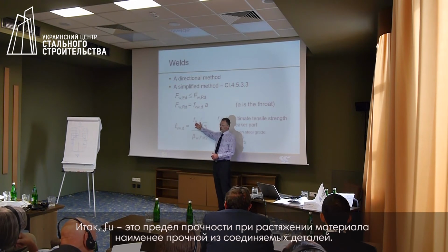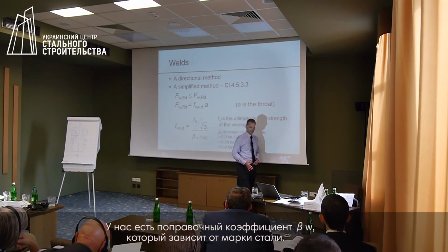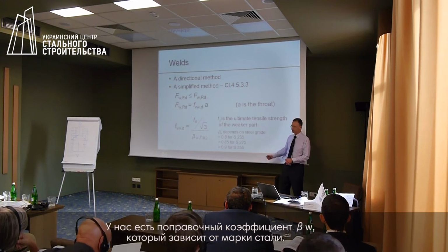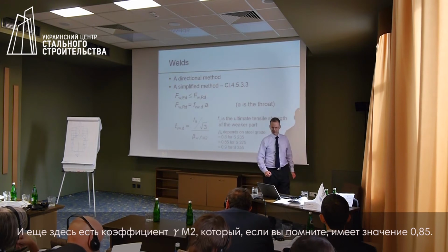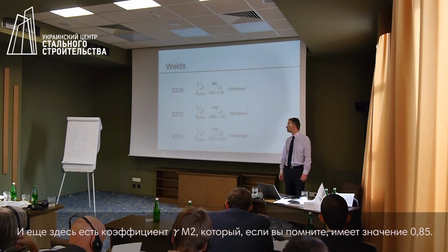So Fu is the ultimate strength of the material. We have a factor beta W, which depends again on the grade of the steel, and we have gamma M2, and from earlier this afternoon I hope you will remember that gamma M2 is 1.25.